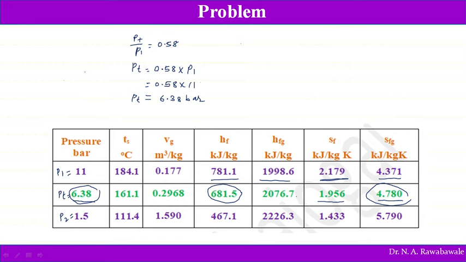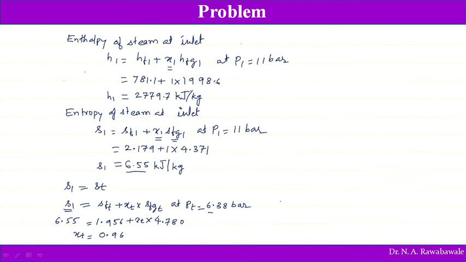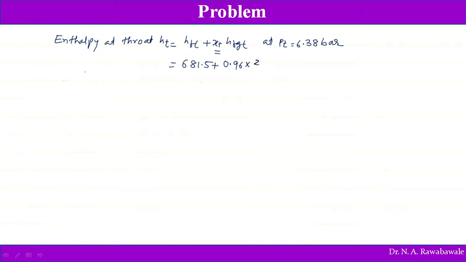At throat pressure 6.38 bar, HFGT is 2076.7. On calculation we get enthalpy at throat as 2674.732 kilojoules per kg. So this is enthalpy at throat.